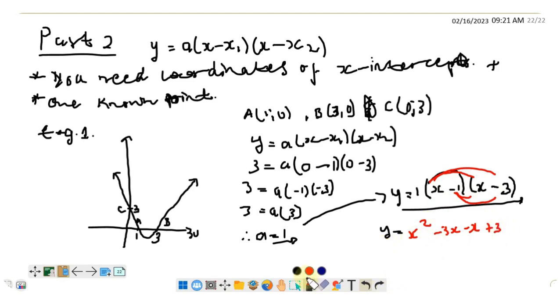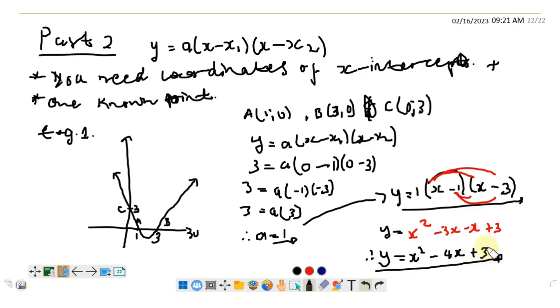So I'll just simplify that. Therefore, y equals x squared. These are the like terms, I group them together. Negative 3x and negative x is negative 4x. So y equals x squared minus 4x plus 3. There you go.